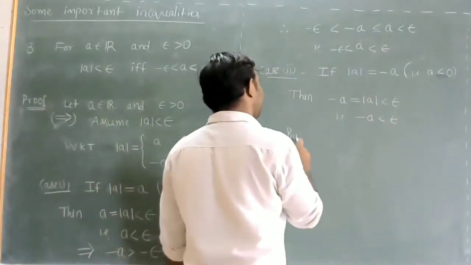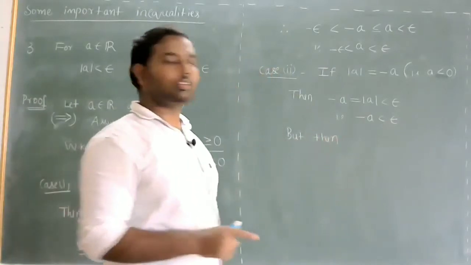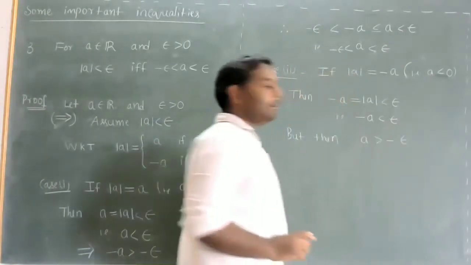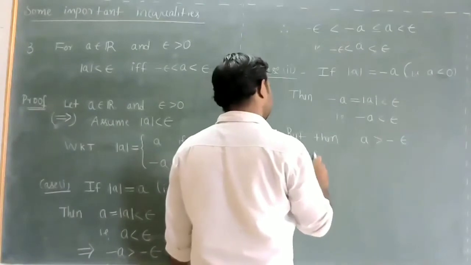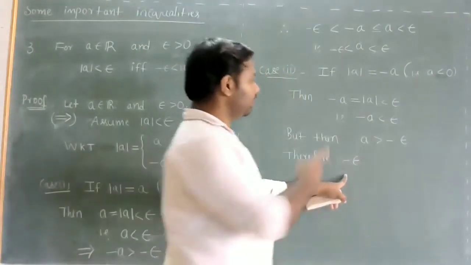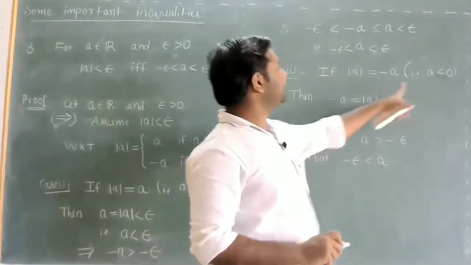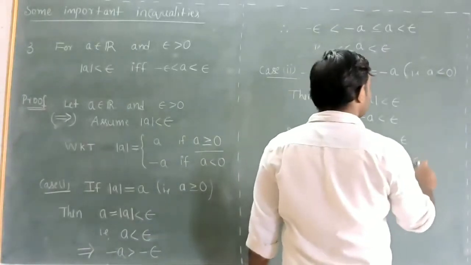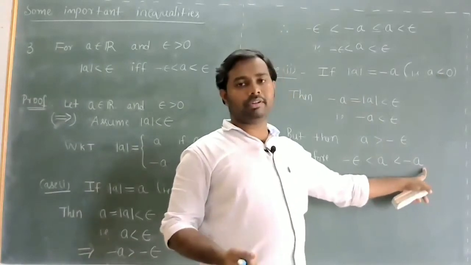But then taking negative sign on both sides, plus a will be greater than minus epsilon. So if I start with minus epsilon is less than a, and as a is negative, a will be less than minus a, because as a is negative, minus a will be positive.